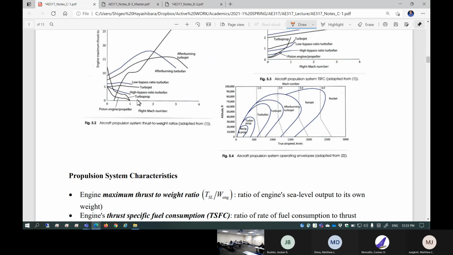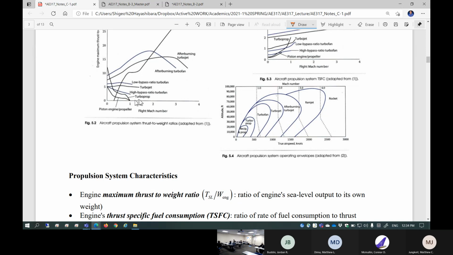Some of the teams may choose the turboprop. Now, turboprop is a better choice than a piston engine in what kind of situation? Looking at this, the overall engine thrust to weight ratio goes higher. That is, thrust overpowers the weight of the engine for the low end of speed. That's the turboprop.